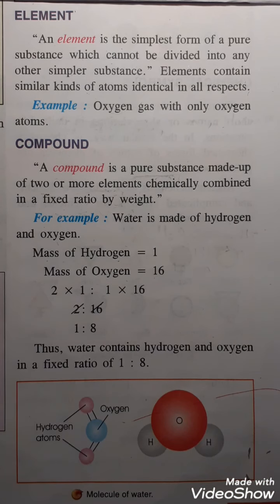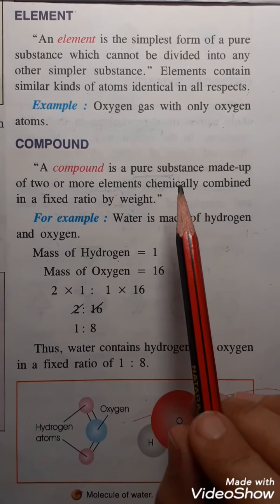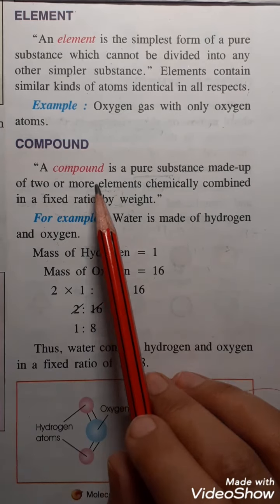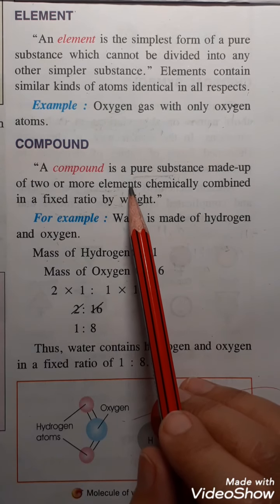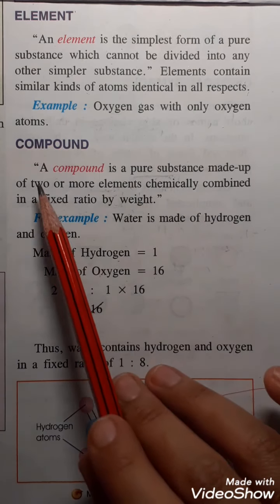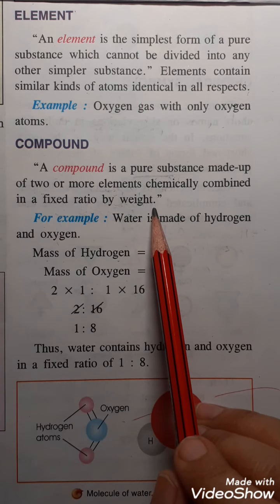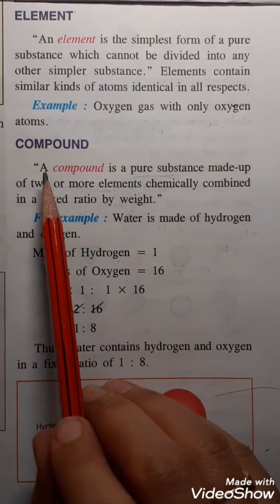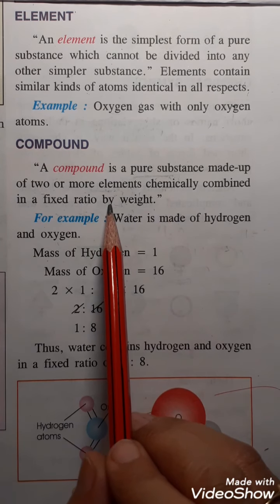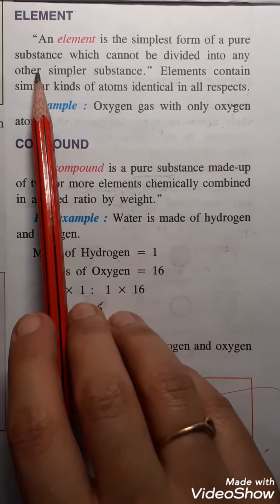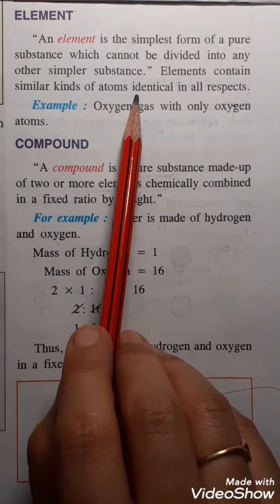Now let's study about compounds. Compound is also a pure substance, but it is made up of 2 or more elements, means 2 or more different kinds of atoms which are chemically combined in a fixed ratio by weight. Okay, over here there are 2 or more kinds of atoms involved. In an element there was only one kind of atom, right?